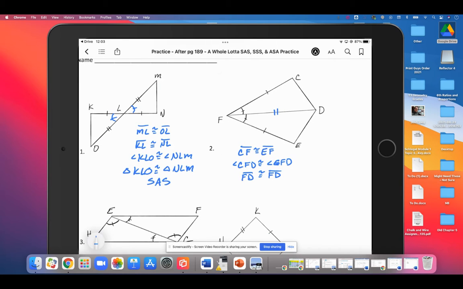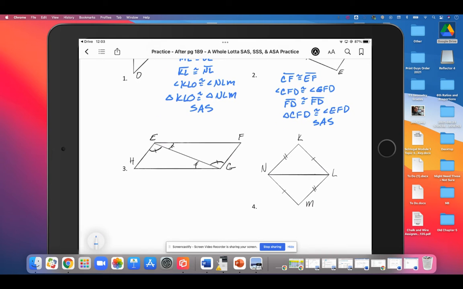You could also say FD is congruent to DF, whichever of those floats your boat. And so I can see that I do have side, angle, side. I've got the two sides with an angle trapped in the middle, so I can say triangle CFD is congruent to triangle EFD because of side, angle, side. Now again, you could name these differently and still be correct.